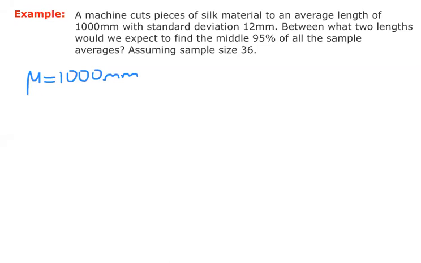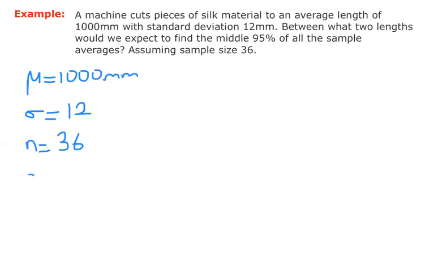Between what two lengths would we expect to find the middle 95% of all the sample averages, assuming the sample size is 36? Since n is equal to 36, which is more than 30, we can use the central limit theorem.